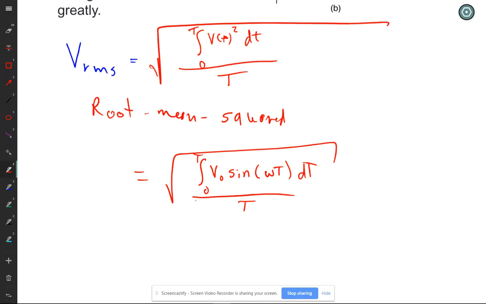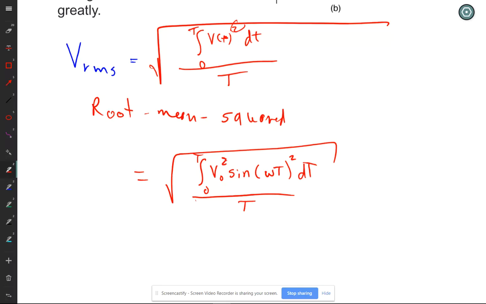Oh, I forgot to square, right, because of the square that we had there. So you have to do the integral of sine squared. The integral of sine squared is, well, it's not hard.